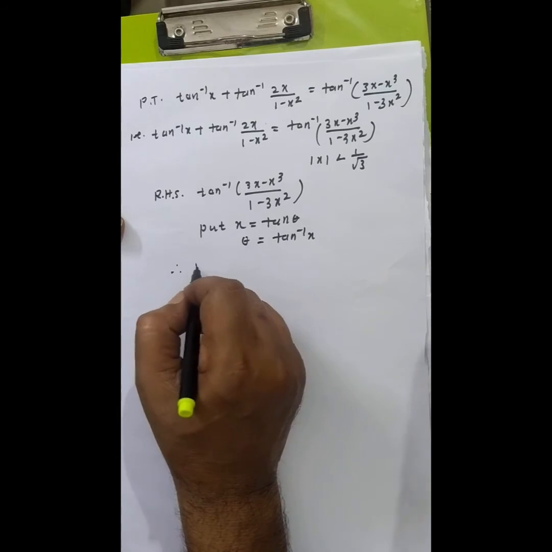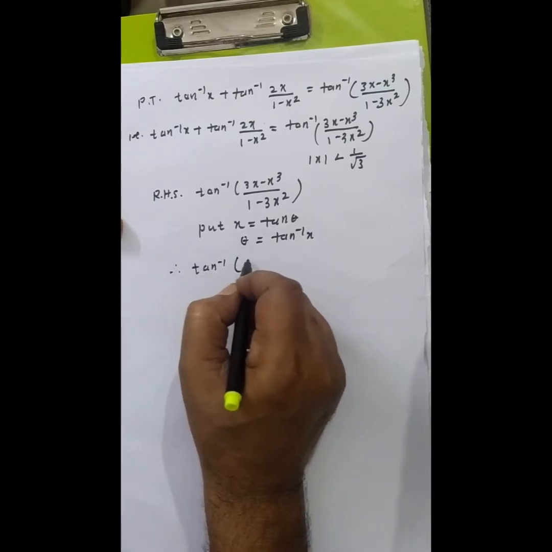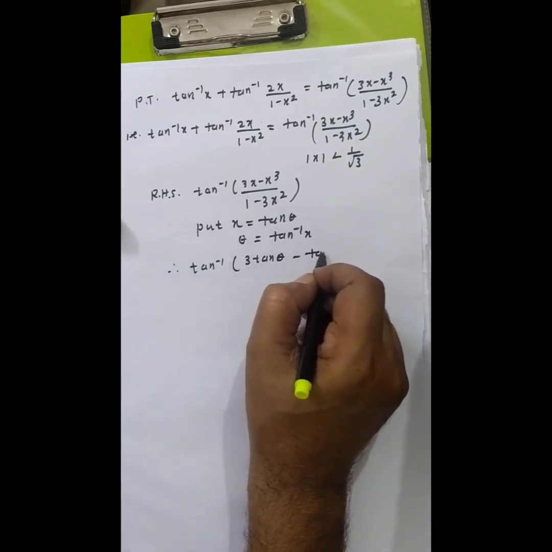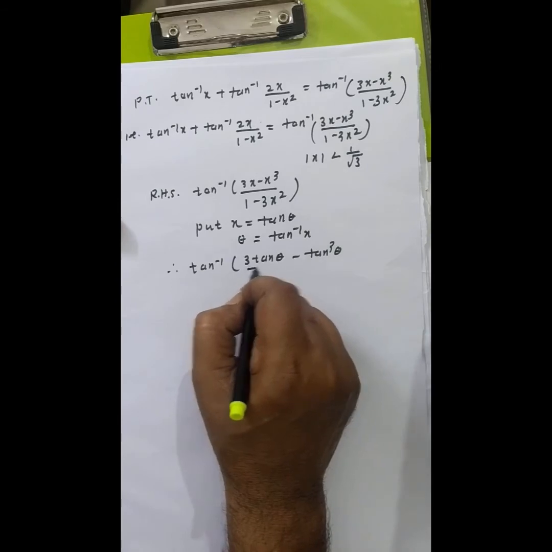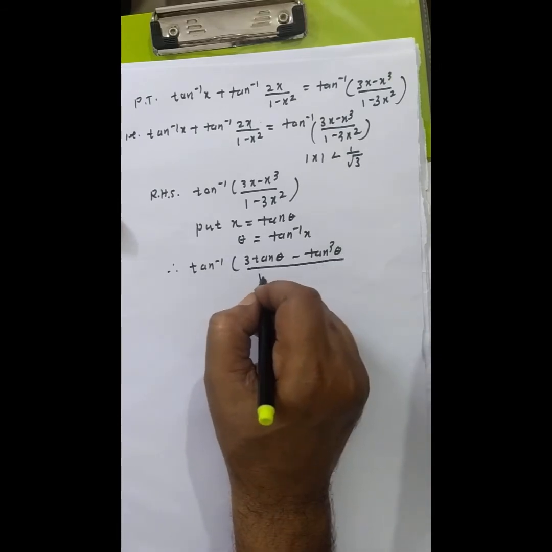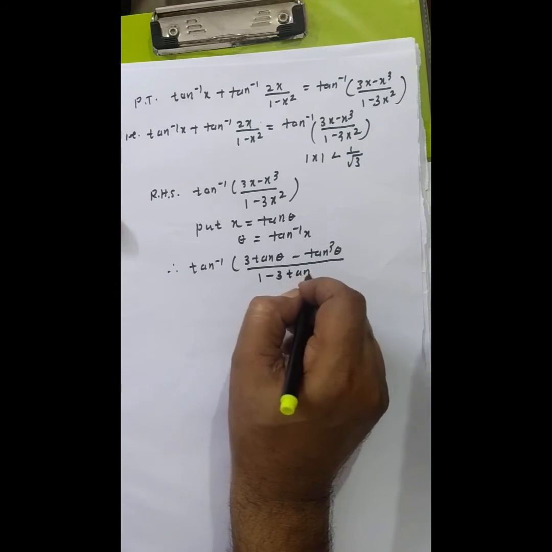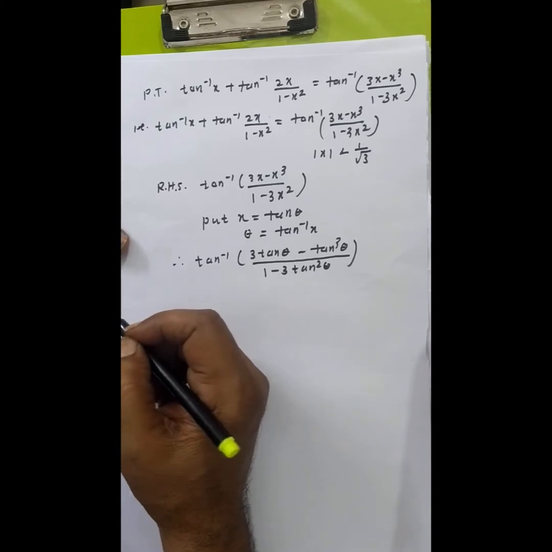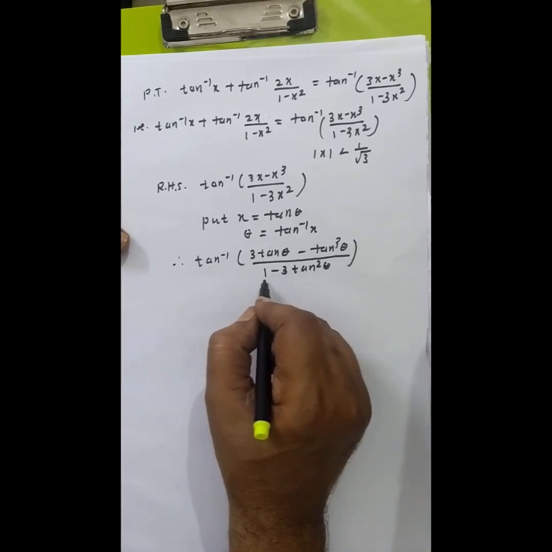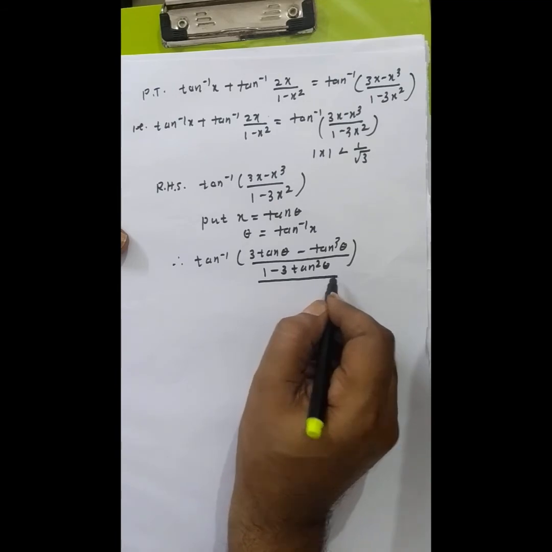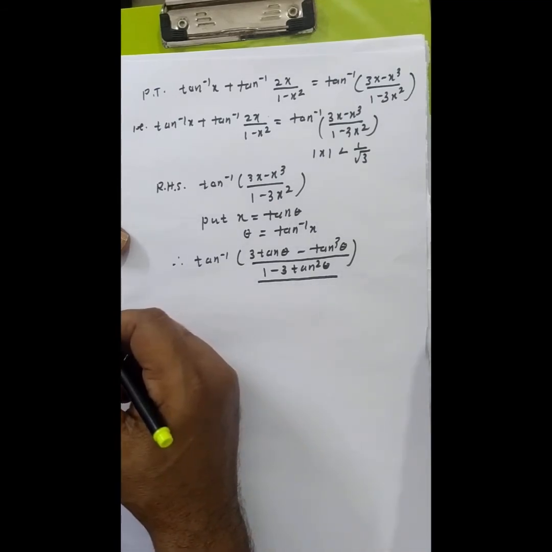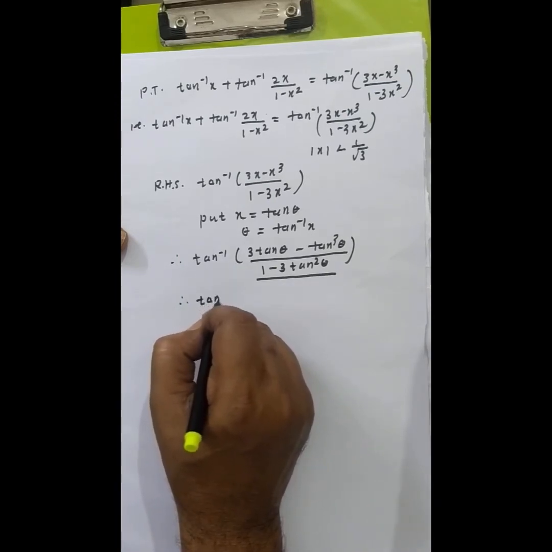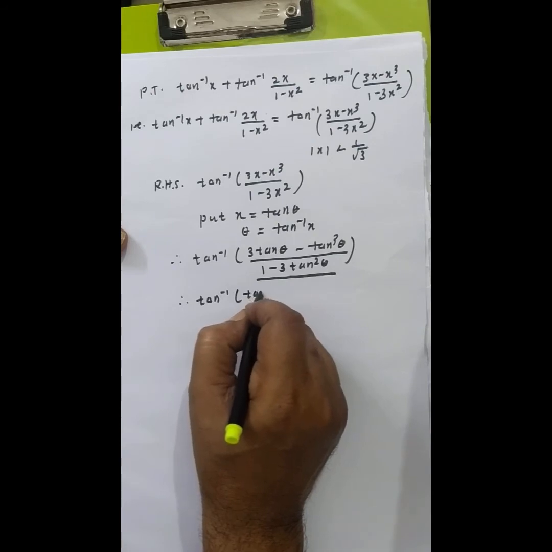It becomes tan inverse of 3 tan theta minus tan cube theta upon 1 minus 3 tan square theta. This is the expansion of tan 3 theta. Therefore, this becomes tan inverse of tan 3 theta.